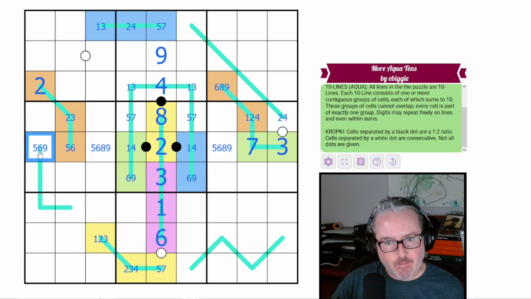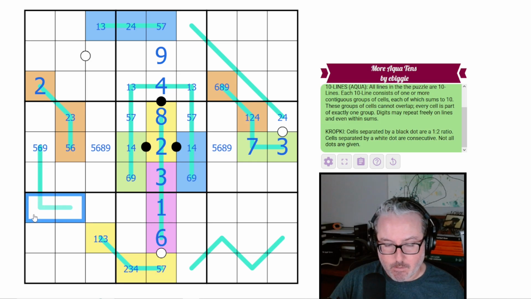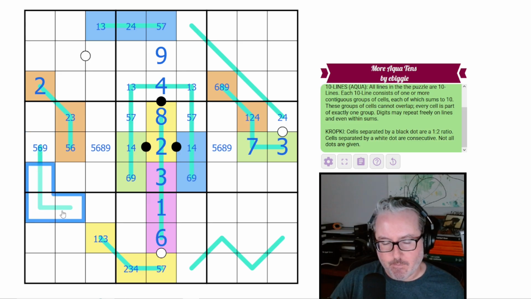Well, can we further this guy because of this 2? It could be a 9 if this was a 1 and these are 2 ways or just some way to make 10. If it's a 6, this could be a 4 and this is some way to make 10. No, it can't have the 6 and have all of these add to 10.